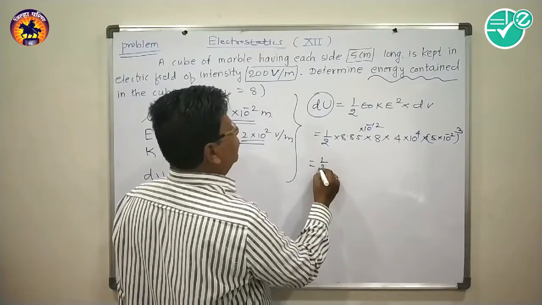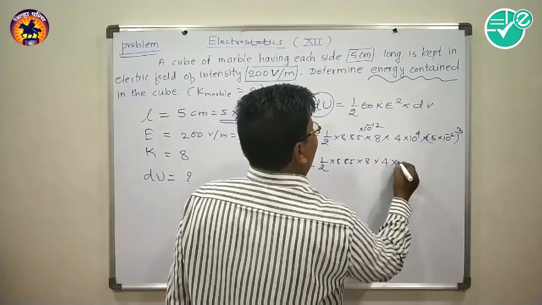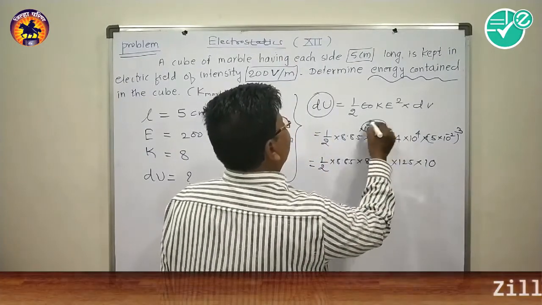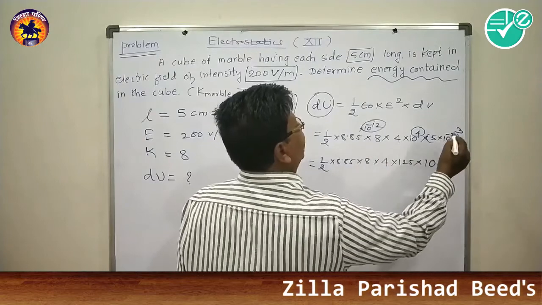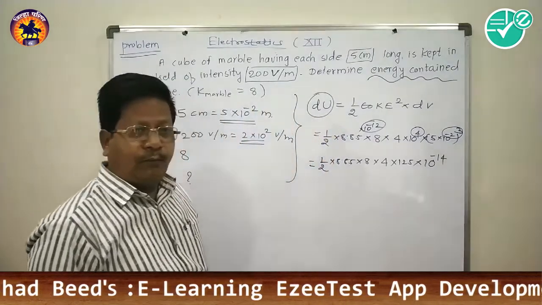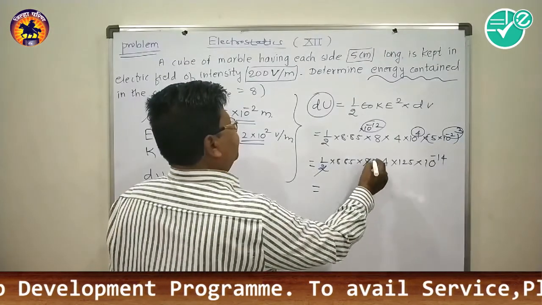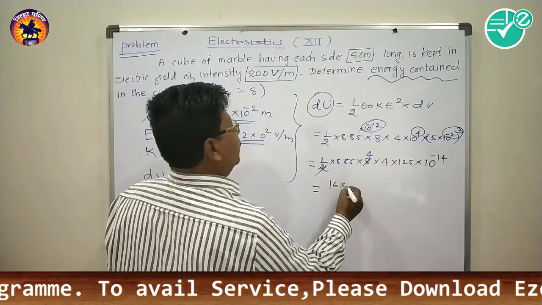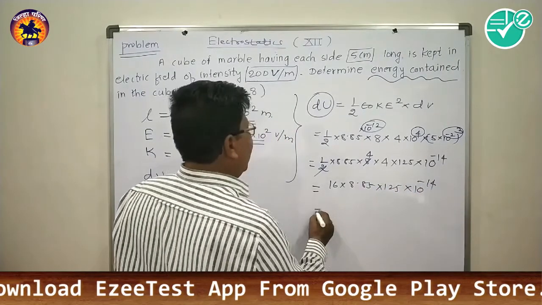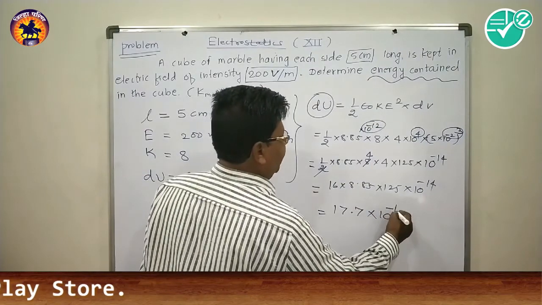So which is equal to 1 by 2 into 8.85 into 8 into 4 into 125 and into 10 to the power minus 12 plus 4 minus 6, which is equal to minus 14, and this comes out to be 16 into 8.85 into 125 into 10 to the power minus 14, and which is equal to 17.7 into 10 to the power minus 11 joule.